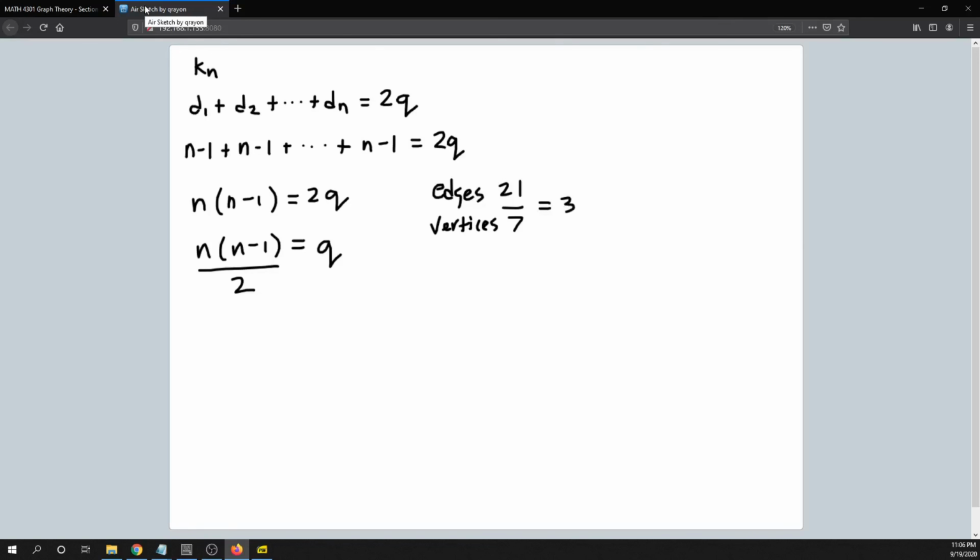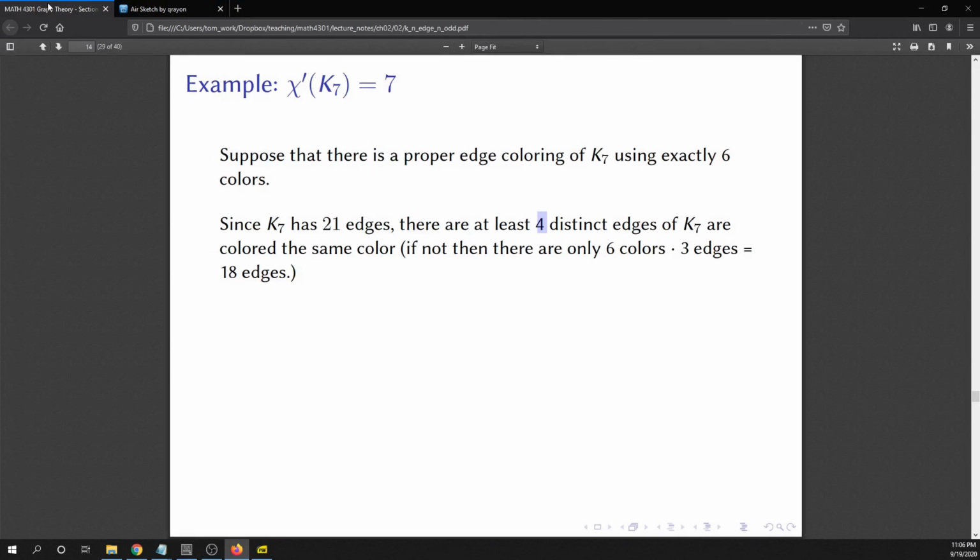That would give you a 3, and then add 1 to that, to come up with a 4. So that's where the 4 comes from.